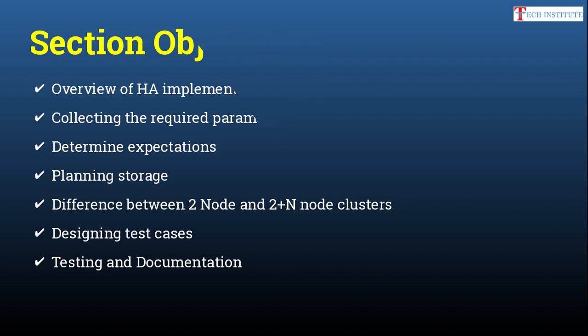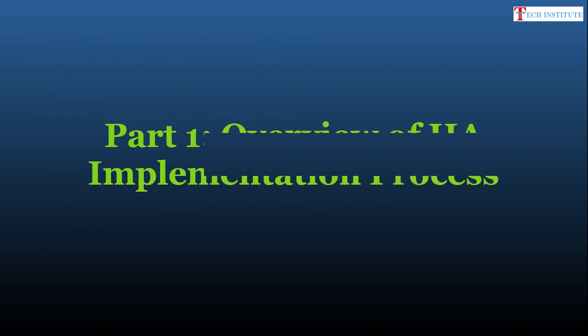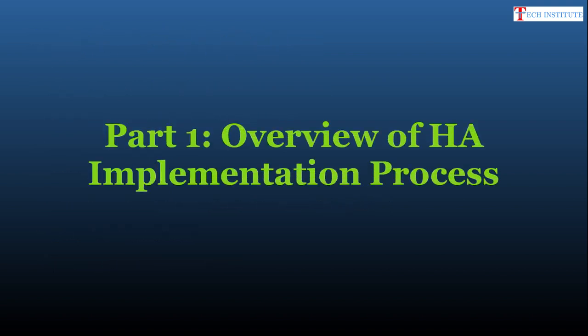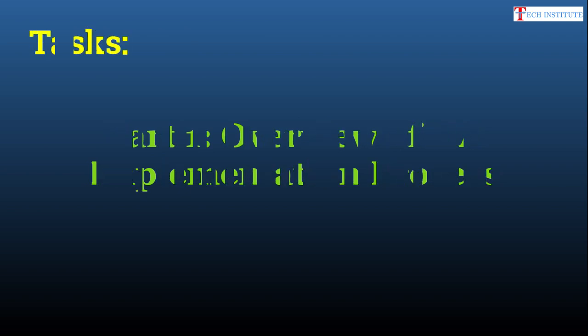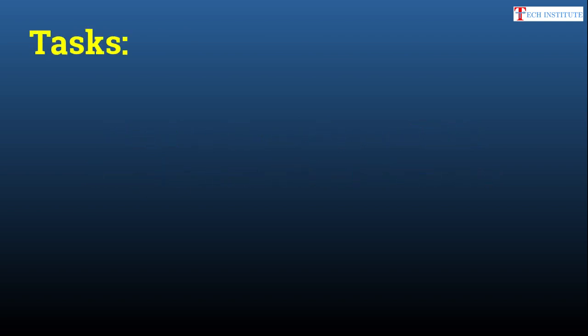Let's start with the first part, the overview of the HA implementation process. In this you have to take care of a few basic tasks. First, you have to determine the requirements of what the customer wants from the implementation, and note that down. Then you have to determine the expectations, like the application should be available all the time, load should be distributed, all those things.